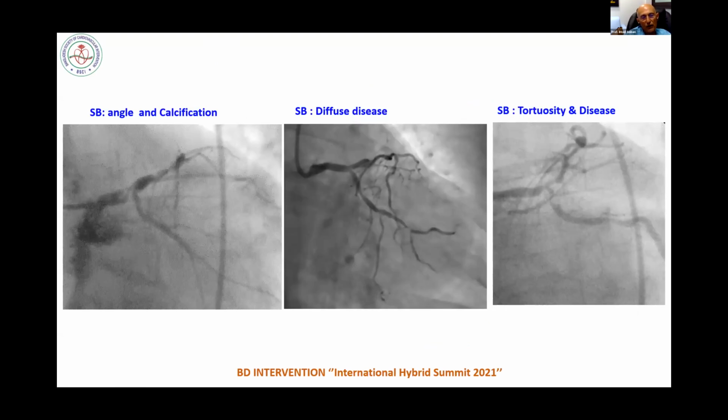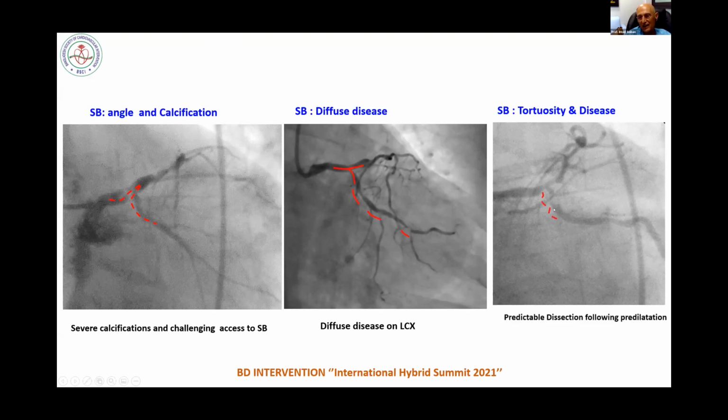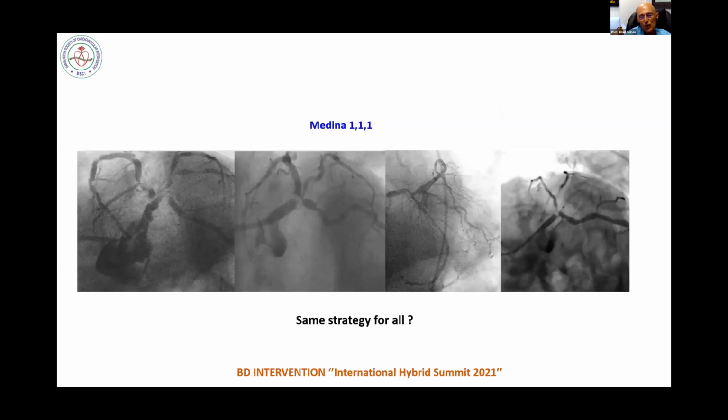But if we look at other scenarios, particularly in the side branch, we can see that the angle and calcification might be very important in selecting our strategy, as well as distribution, diffuse disease in the proximal part, tortuosity, and expected dissection after pre-dilatation. All these elements are not present in any classification. So we do not have anything universal that indicates to us in which case to use one stent and in which case to use two stents.